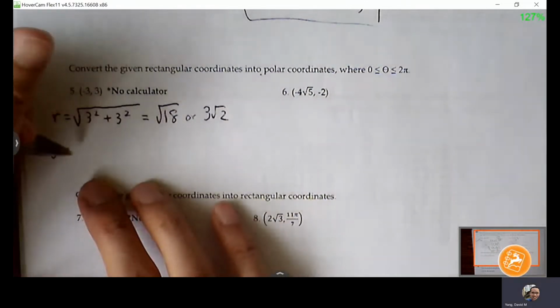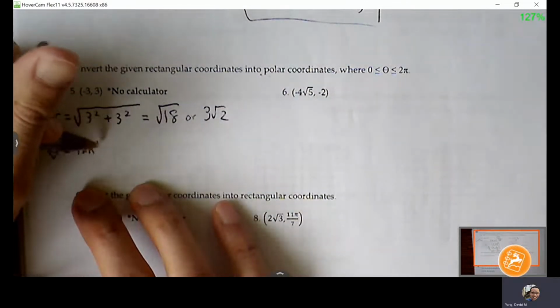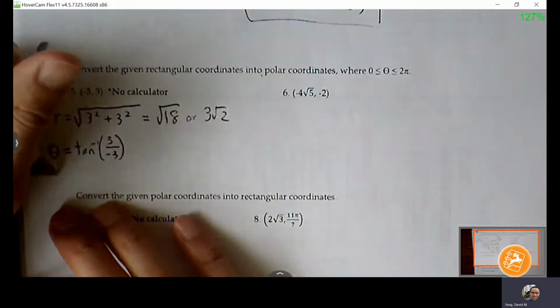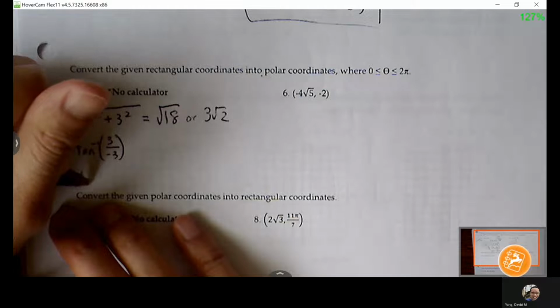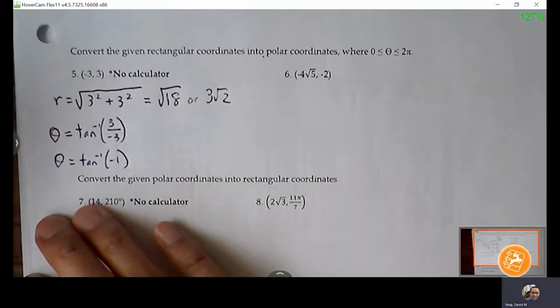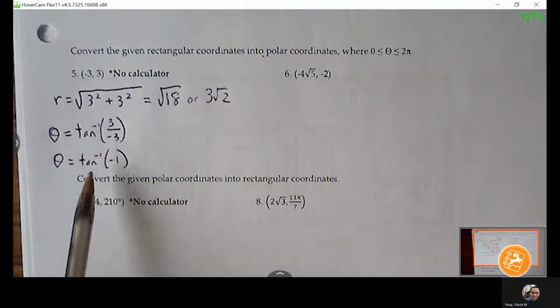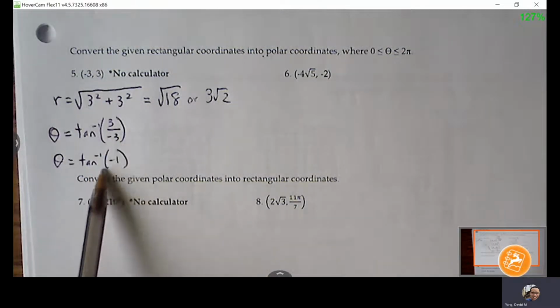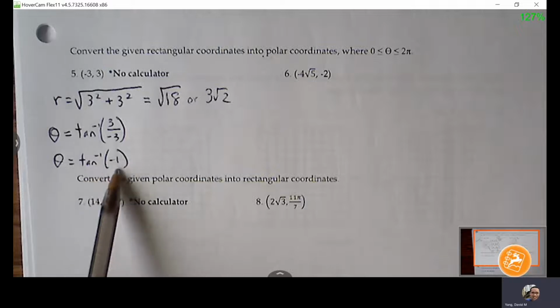Okay, theta is inverse tangent of y over x. Let's not worry so much about the negative 1. Just think about 1, for instance. So where is tangent equal to 1?